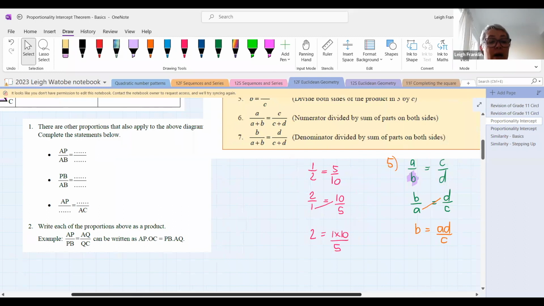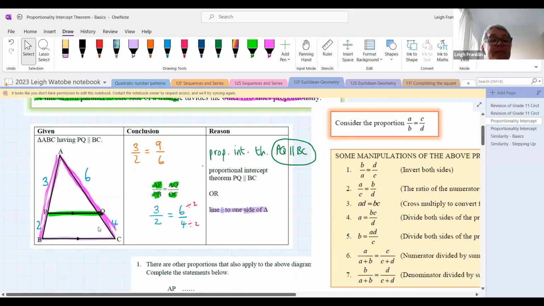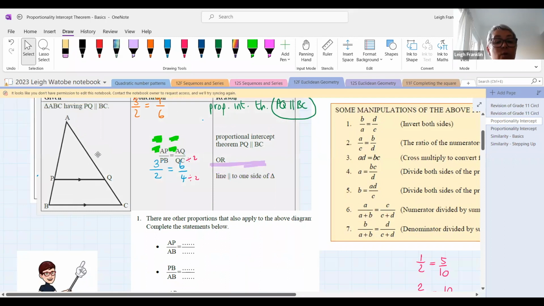Okay. All right, so let's just go back to this and practice writing some proportions. What I want to do is get rid of that so that the triangle is not compromised. And we're going to use this triangle to write some other statements about the sides that we're working with.